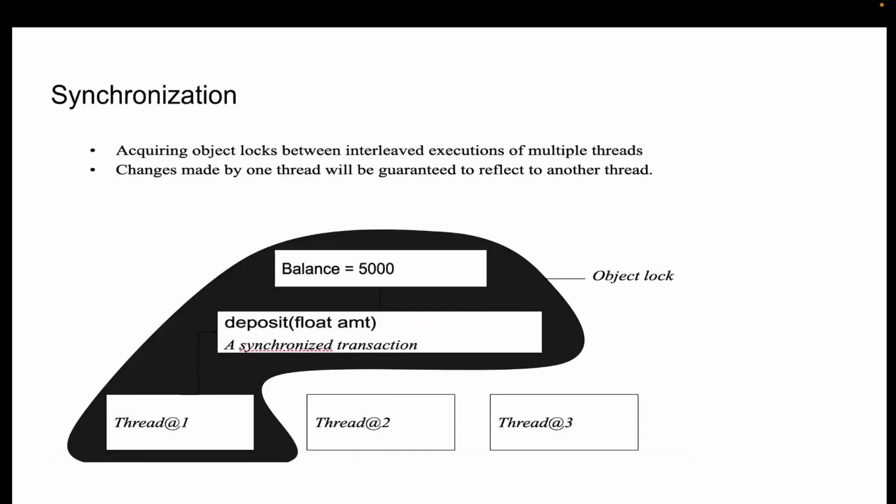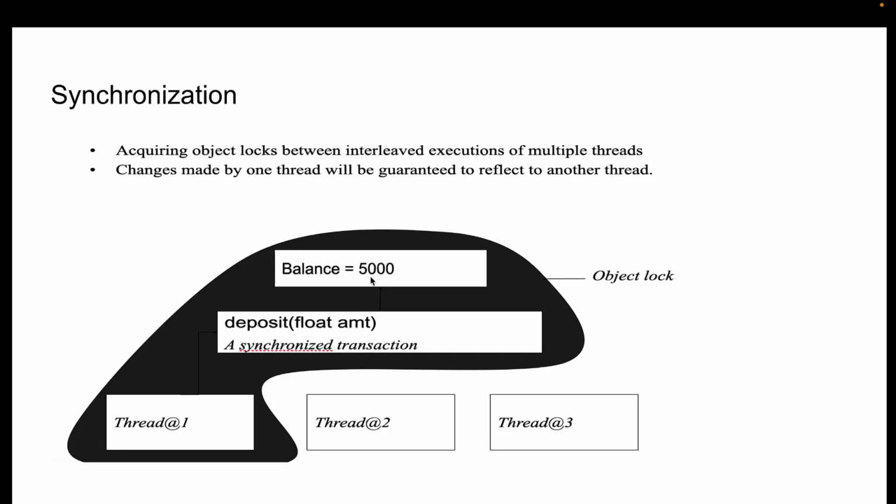So just see this diagram. Synchronization is basically acquiring object locks between interleaved execution of multiple threads. There are three threads, thread 1, thread 2 and thread 3. And this is the same example of the balance in the bank account.